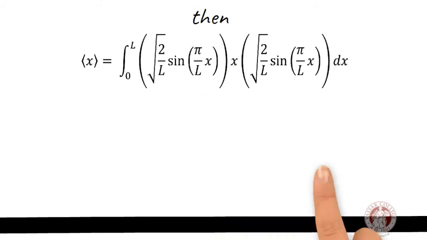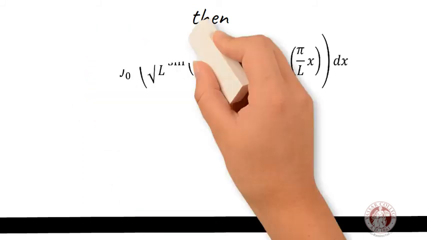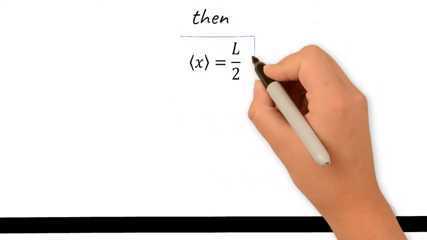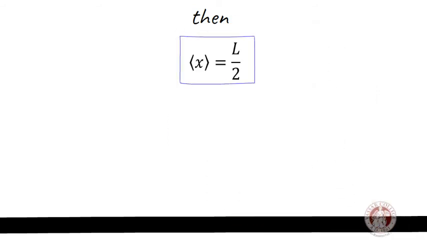Note that as the wave function is real, then its complex conjugate is the same function. Performing the integration, it is easy to see that the resulting expectation value for the position is simply the value of L divided by 2. This means that the most probable place to find the quantum system is actually L divided by 2.